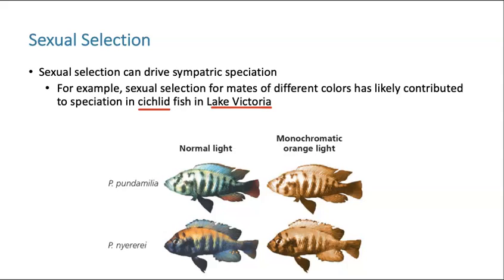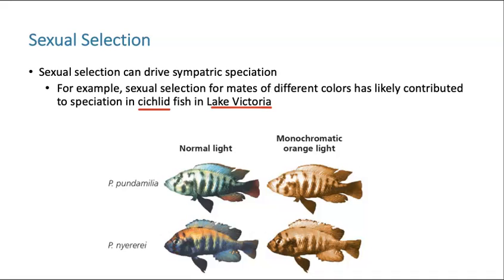Oh, and before I tell you about Lake Victoria pollution, let me back up and say that this is a case of sexual selection driving sympatric speciation because of the appearance of these fish. Females prefer males that look like this, and the female Nyreii prefer males that look like this.